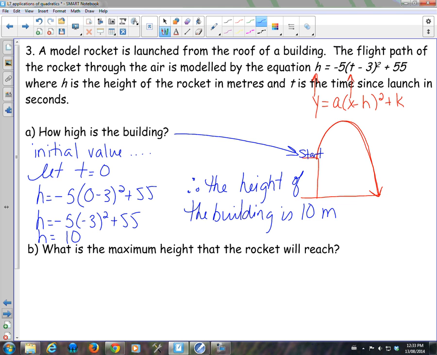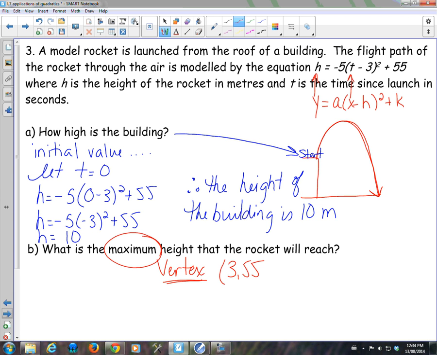So far, so good. All right, next keyword, question B. What is the maximum height that the rocket will reach? So if I think about my rocket, it's going up, it's going down. Remember the maximum, as soon as you see that word, you're thinking vertex. So if I look at my equation, my vertex is 3 and 55.